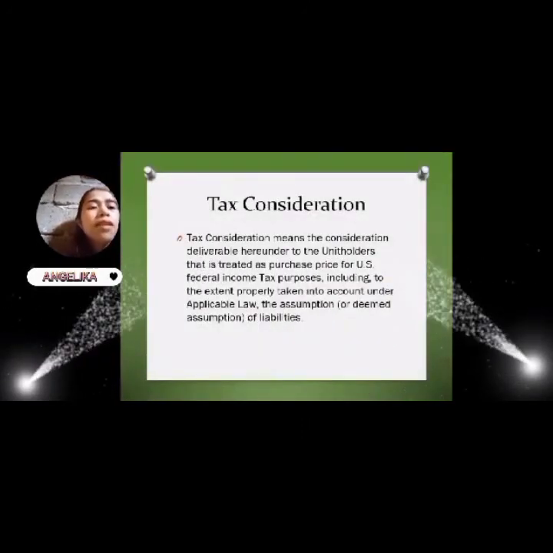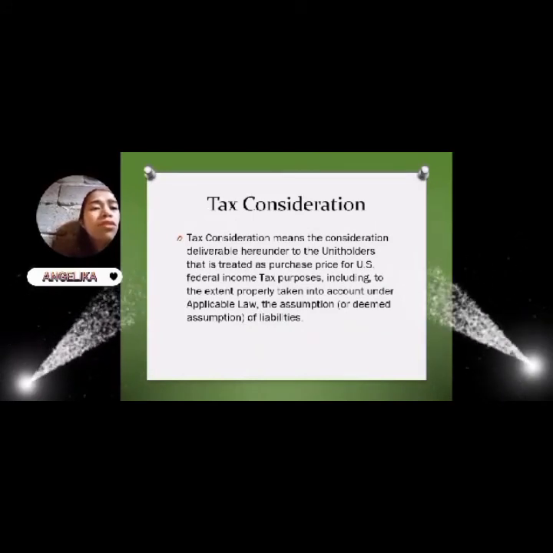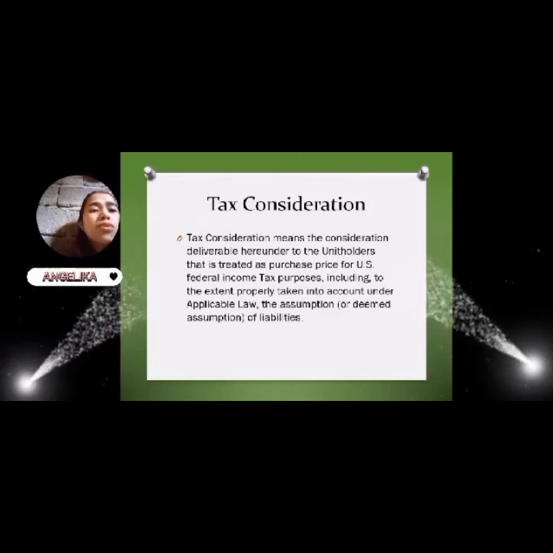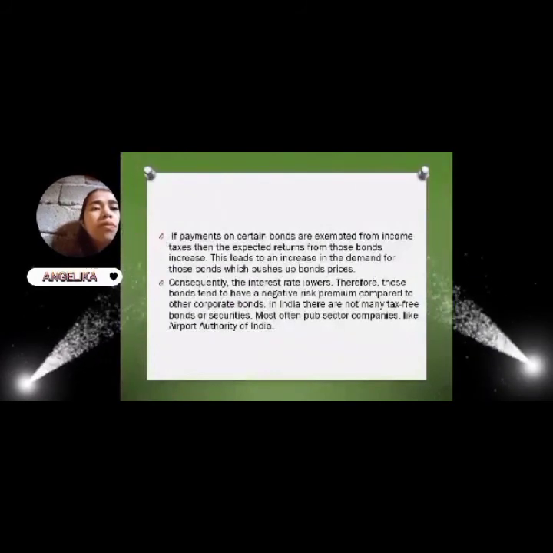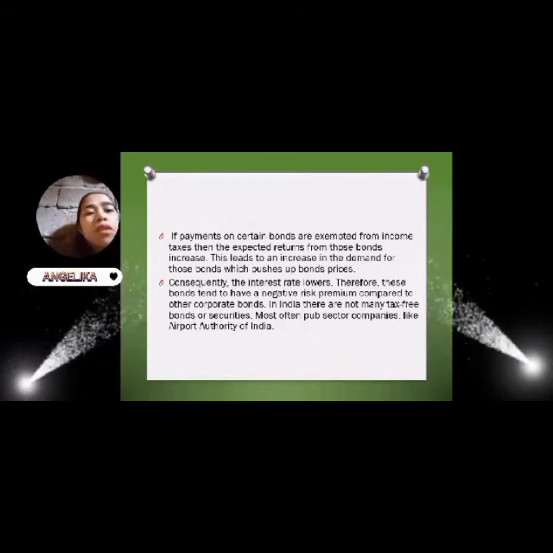Tax consideration. Tax consideration means the consideration deliverable hereunder to the unit holders that is treated as purchase price for U.S. federal income tax purposes, including, to the extent properly taken into account under applicable law, the assumption of liabilities. If payments on certain bonds are exempted from income taxes, then the expected returns from those bonds increase.